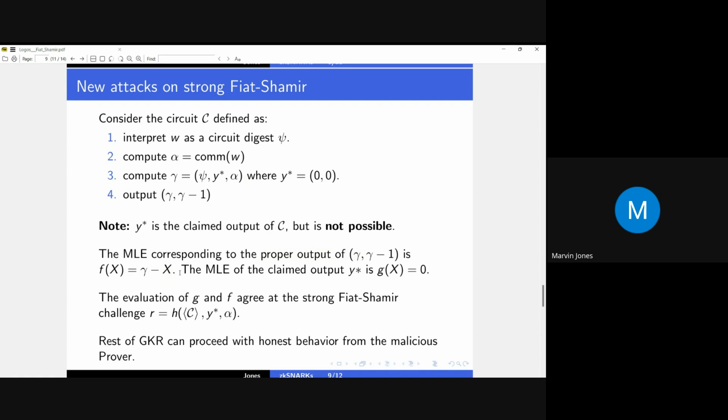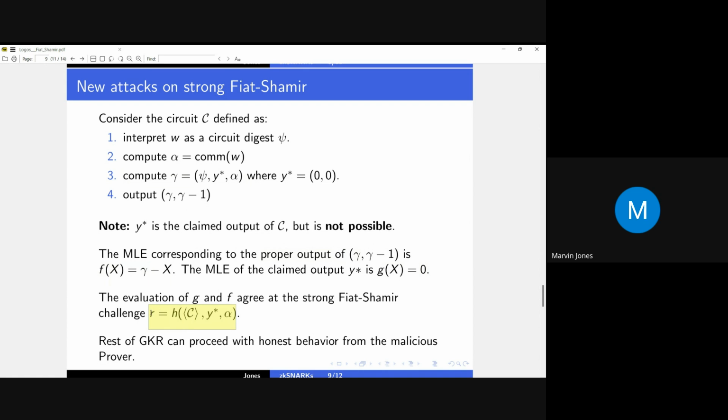Oh, that does exactly what we want. Great, so we have our multilinear extension. And now, if we take the multilinear extension of our claimed output, well, 0, 0 is just going to give us 0. So notice that both of these agree when we compute our strong Fiat-Shamir challenge, R.